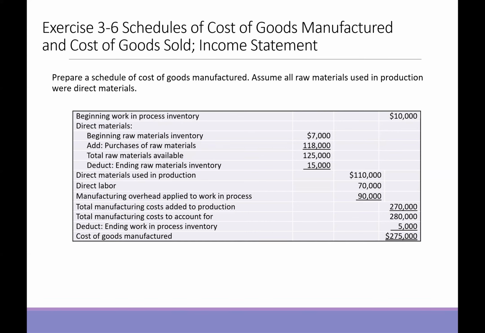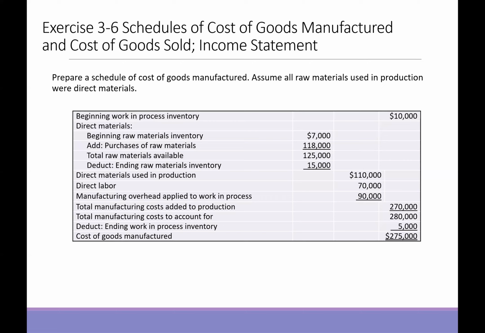The difference has to go into materials used in production. We've got our direct labor. We've got our manufacturing overhead applied, which gives us our manufacturing overhead costs that got added into work in process.